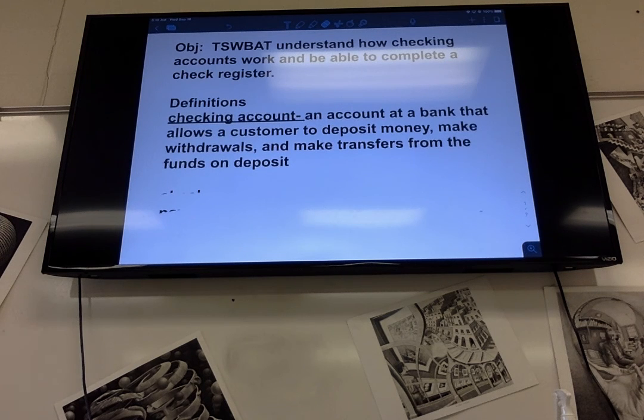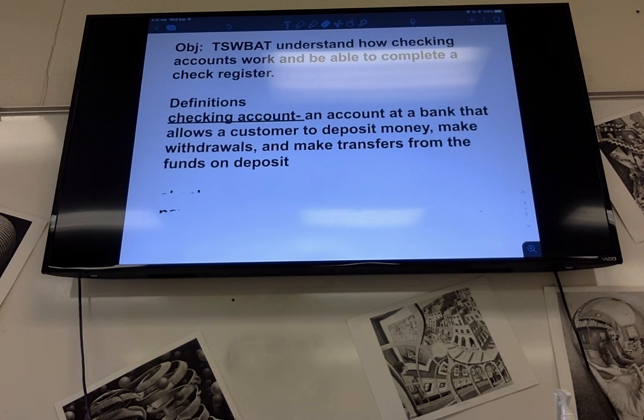Okay, the first one, of course, the checking account. Obviously allows you to deposit money. And then from that you can make withdrawals, make transfers so that you can buy things with it. The whole point. A lot of people don't actually use checks anymore. I rarely use checks.